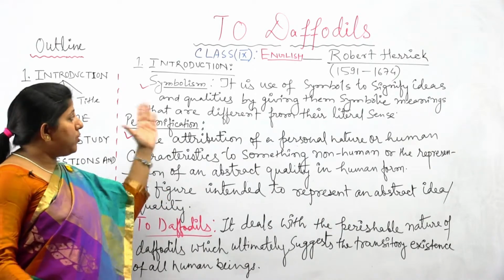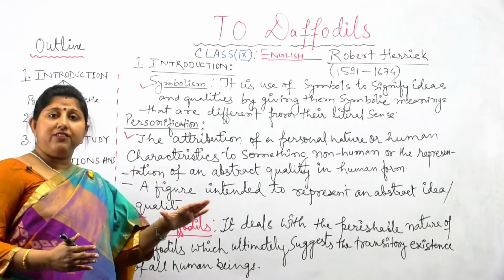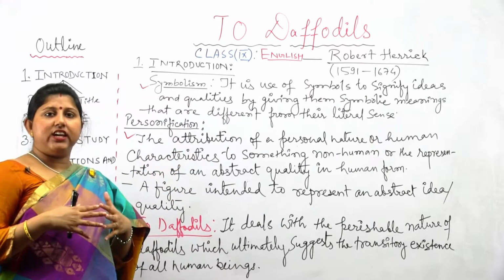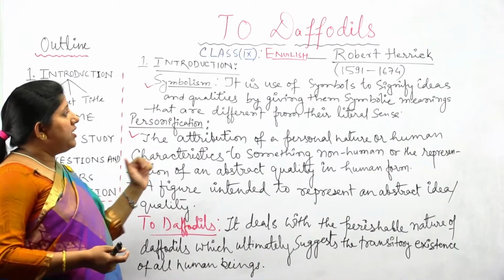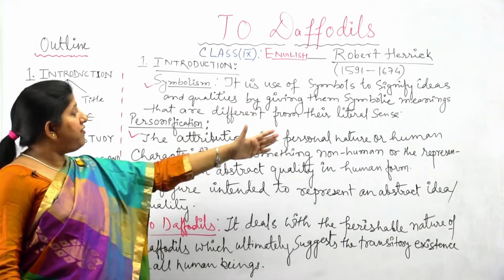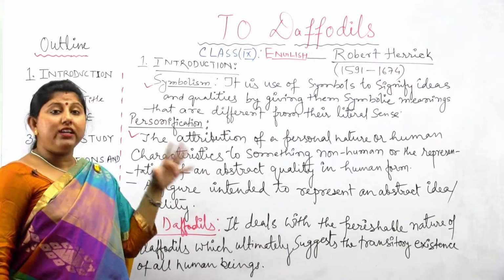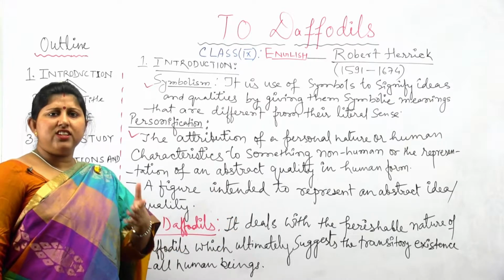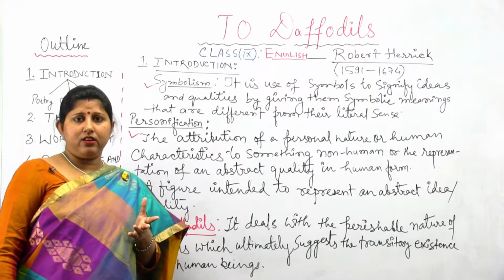That is called symbolism. हम इस तरह से जब कंपैरिजन करते हैं किसी नॉन लिविंग और लिविंग चीज का, उनके कैरेक्टरिस्टिक्स को इक्वेट करते हैं, that comparison is known as symbolism. That's why I have written here, it is the use of symbols to signify ideas and qualities by giving them symbolic meaning that is different from their literal sense. Just take an example. A piece of broken mirror.